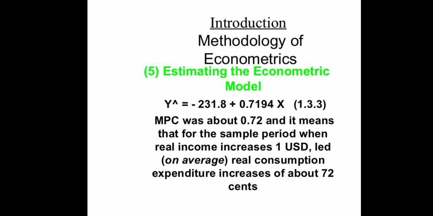So it means that for the sample period, when real income x increases by 1 rupee, it leads to a real consumption expenditure of about 0.72 rupees.